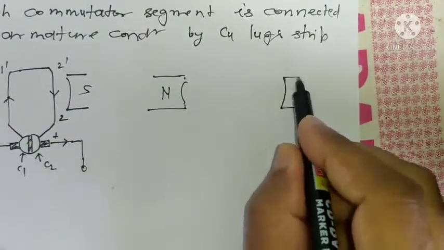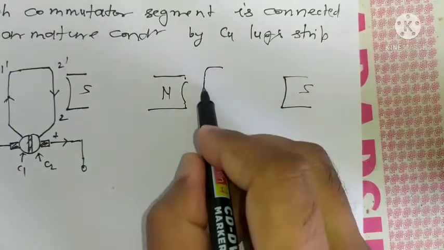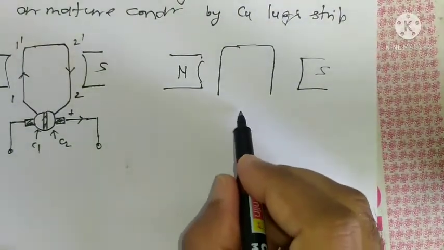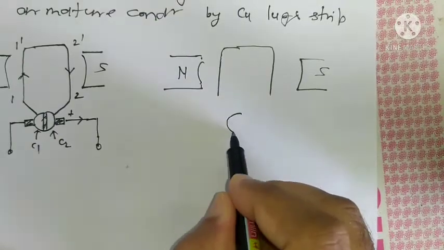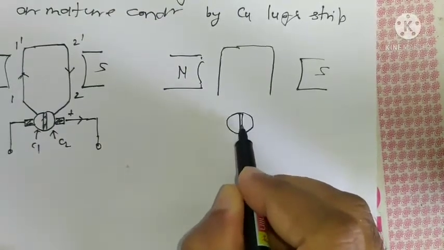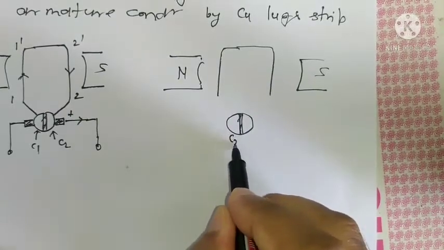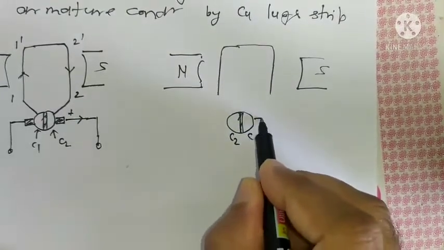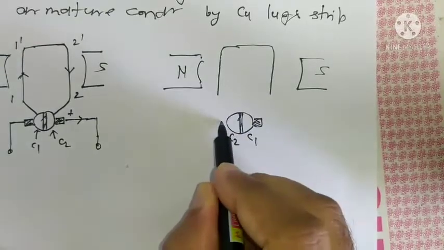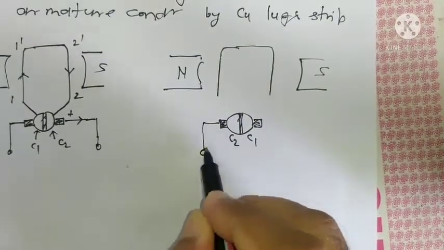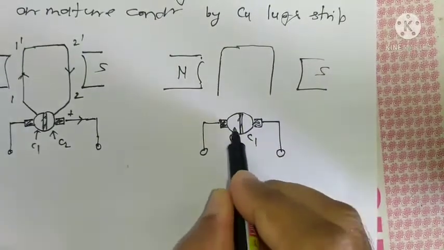And this is the south pole, and I have this conductor which is rotated by 180 degrees. I have commutator segments also, which are separated by mica. Now this is C2 and this is C1. Brushes are not rotating, they are resting on the commutator segments, right?